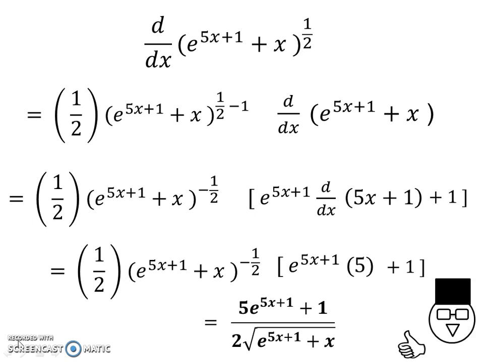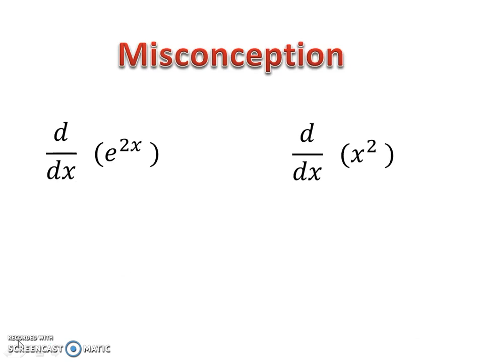Okay, now there may be some misconception that some of you may face. Focus on these two expressions. You want to differentiate e power 2x and x squared. Once again, on the left is an exponential. On the right is just an expression in x. These are two different things.